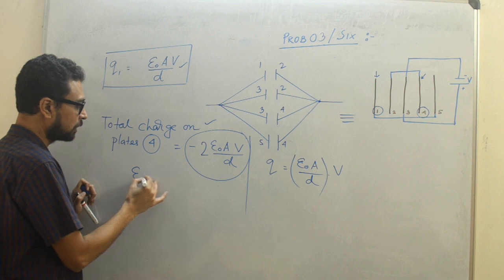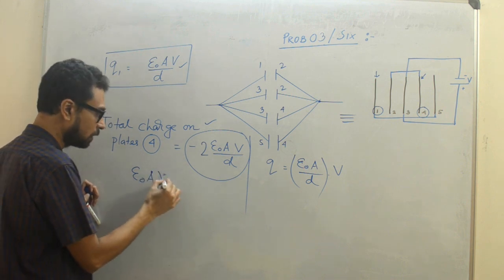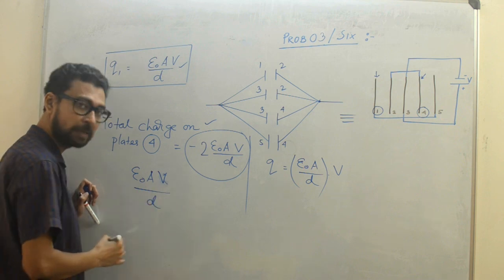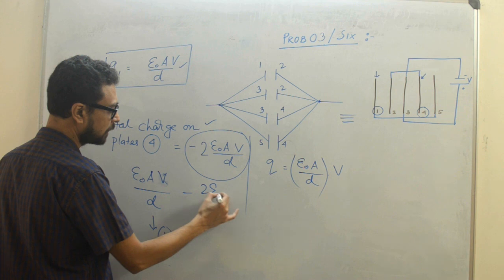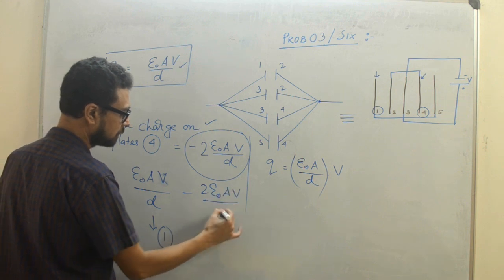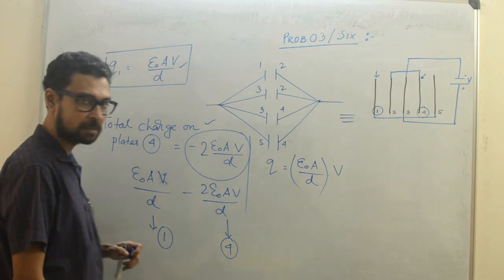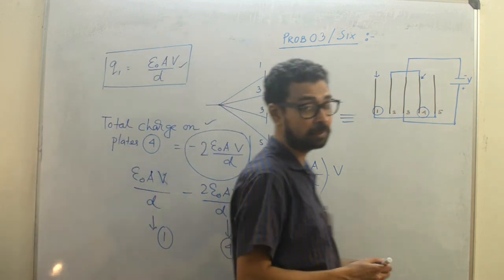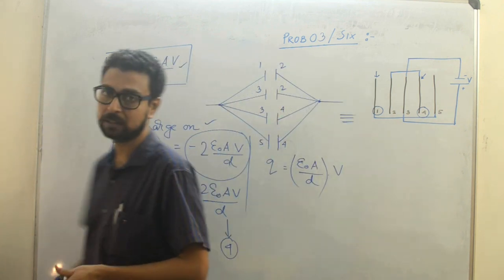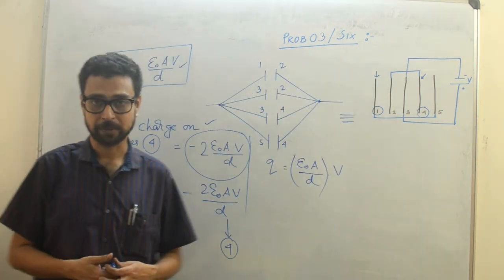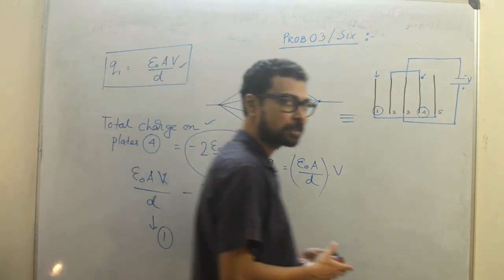So I can jot down epsilon naught AV by D, I'm sorry, this is on plate 1, and minus 2 epsilon naught AV by D, this is on plate number 4. Two occurrences here. For one, it is only one. If we had occurrences twice, we would have multiplied it 2 or added them up because they are having the common potential. Okay, you see, so interesting it is, and we can approach in a right way.